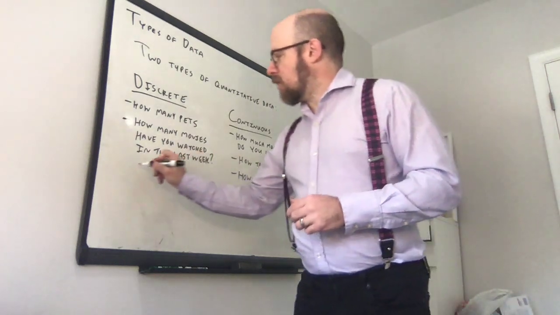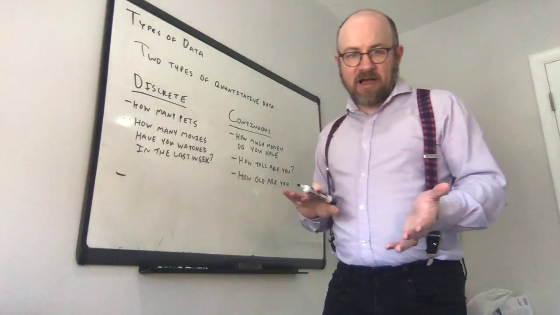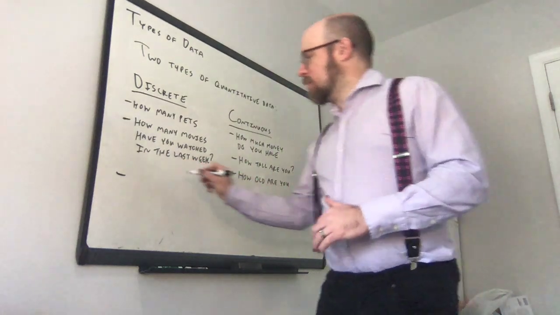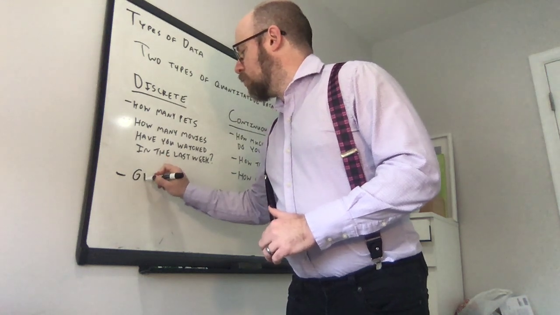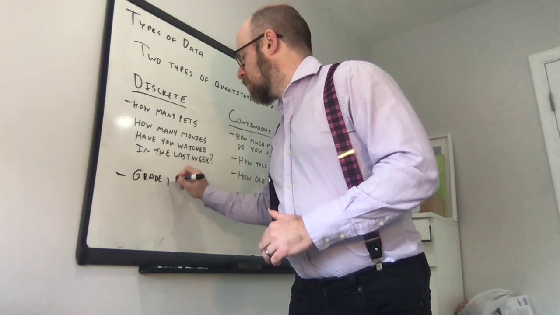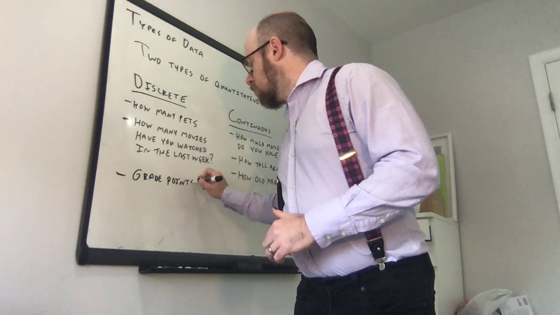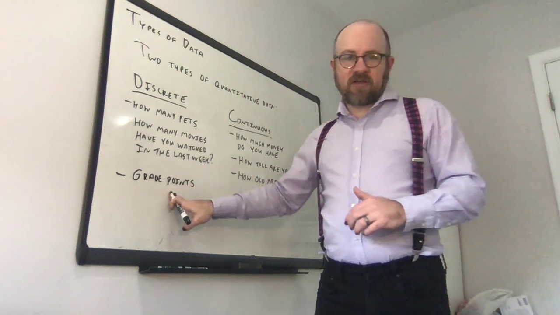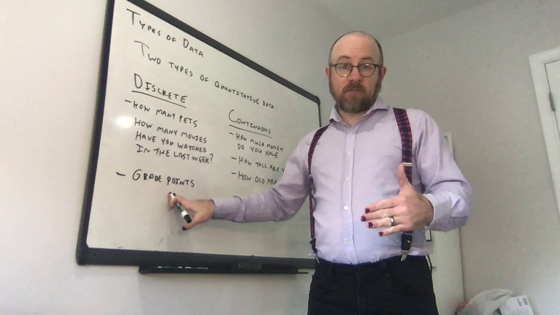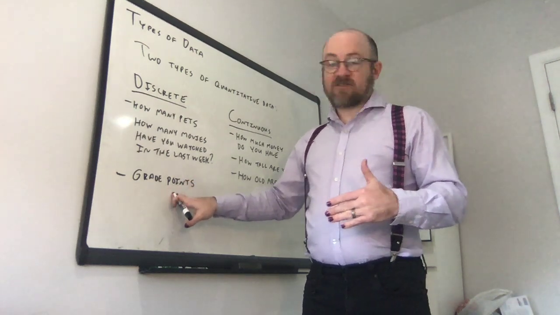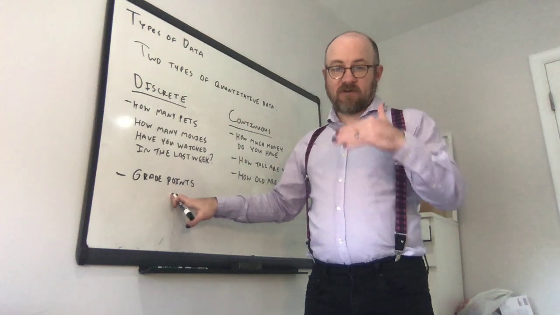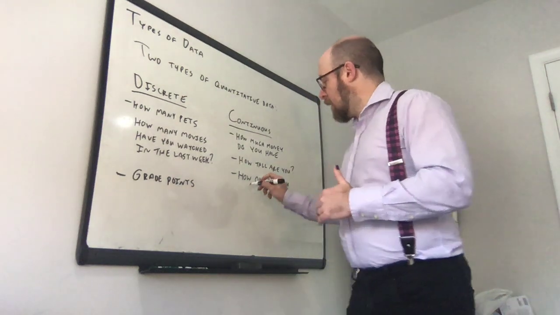Other examples: one good example of the same kind of data in two different forms. Grade points. For example, if you get an A, you get 4 grade points. If you get a B, you get 3 grade points, right? That's discrete data. There's only so many different values, right?